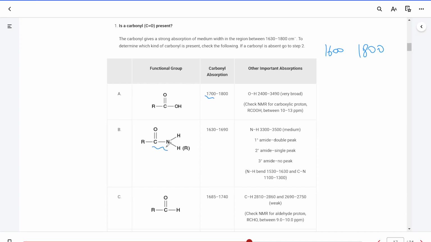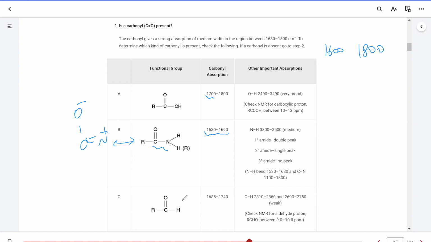For an amide, that number is much lower, because the amide forms two resonances, and in one of them the C=O bond is between a single and double bond, so the signal shows at a much lower number.